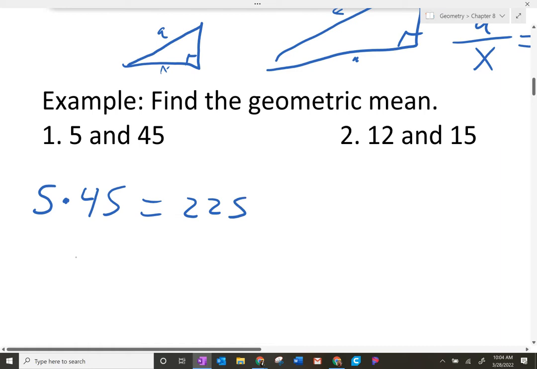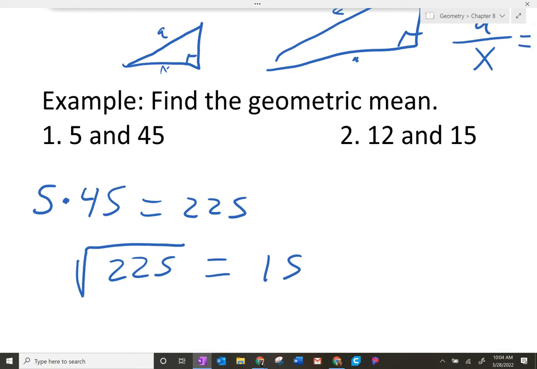To find the geometric mean, we need to take the square root of 225. So the geometric mean between 5 and 45 would just be 15. That makes sense in how I went through those steps? Again, multiply the two numbers together, and then we're going to take the square root.